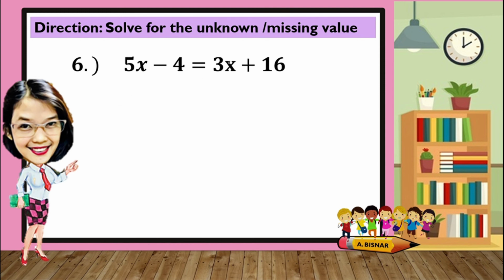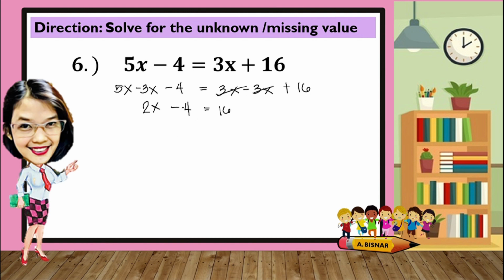Since 3x in here is positive, then you have to subtract 3x. And then just simply copy this. So 3x minus 3x plus 16. 5x minus 3x is 2x minus 4. Since this is already 0, we only have 16.